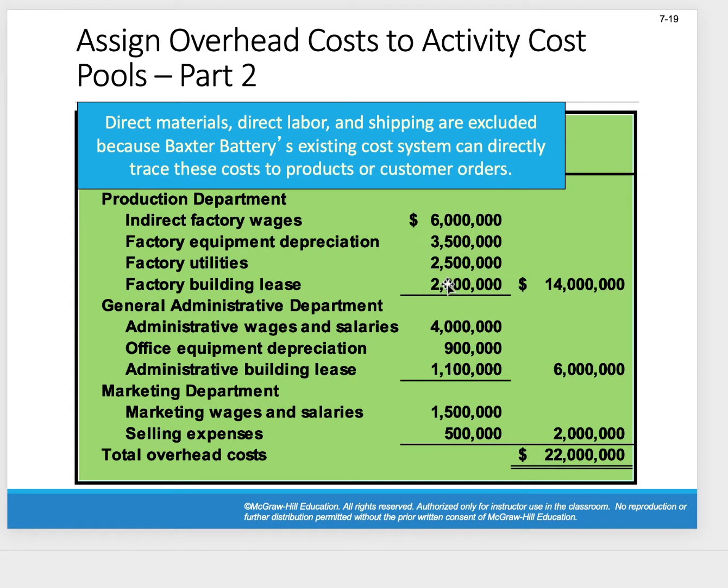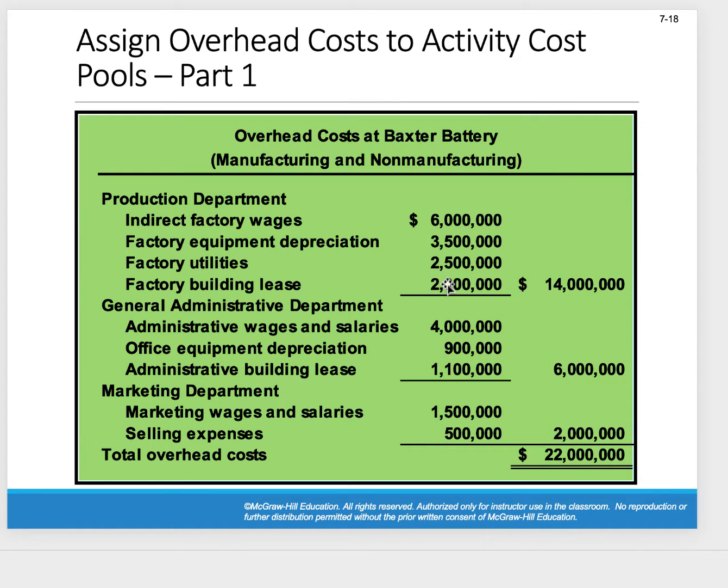So, let me go back up. Notice what we don't have. We don't have direct material and we don't have direct labor. That's okay. Because ABC costing is trying to figure out how do we allocate overhead? What overhead costs do we incur to make a product?